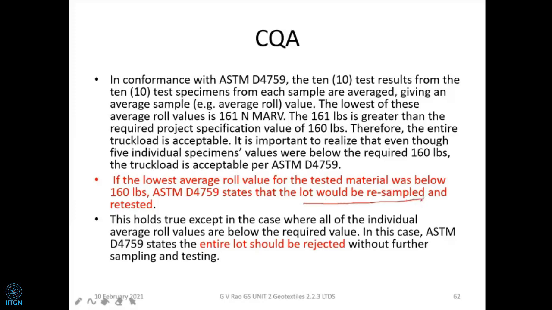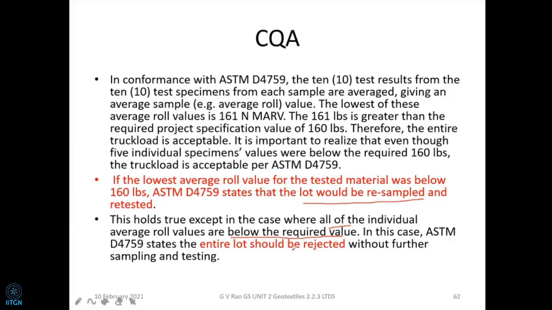That means we are going to again do the testing on those 6 rolls, take fresh rolls, and then retest it now. Now, if these are satisfactory, that means all the individual roll values are more than 160, there's no worry at all.